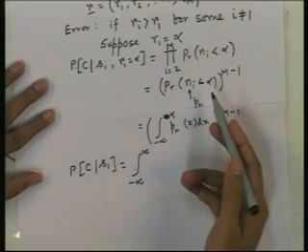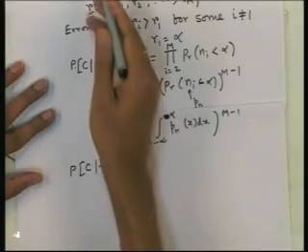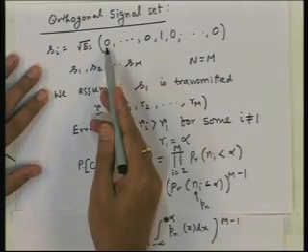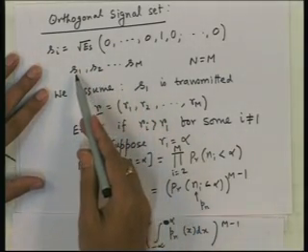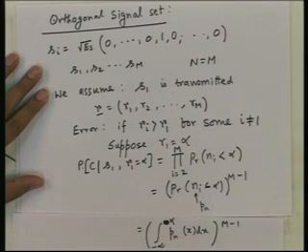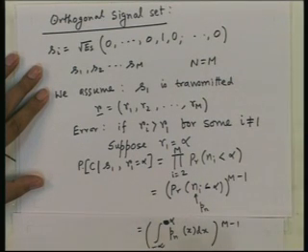Now, when will R1 be equal to alpha? In the first component we transmitted root over Es, because S1 is transmitted and the first component of S1 is root over Es, and we receive alpha at the first component.